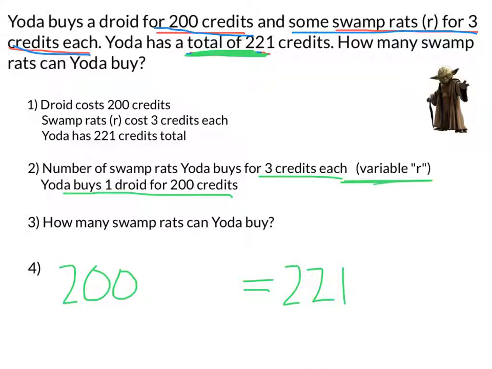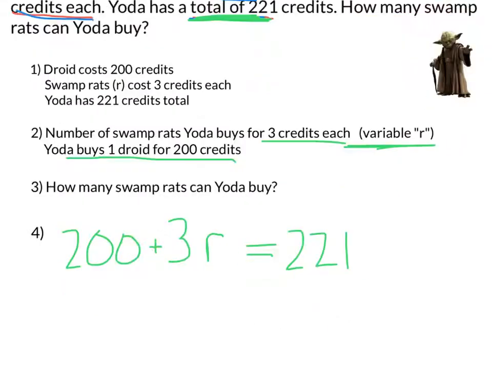We're going to add to that 3 credits for every swamp rat. That is 200 credits for the droid plus 3 times how many swamp rats he buys, and that has to equal our total, which is 221.